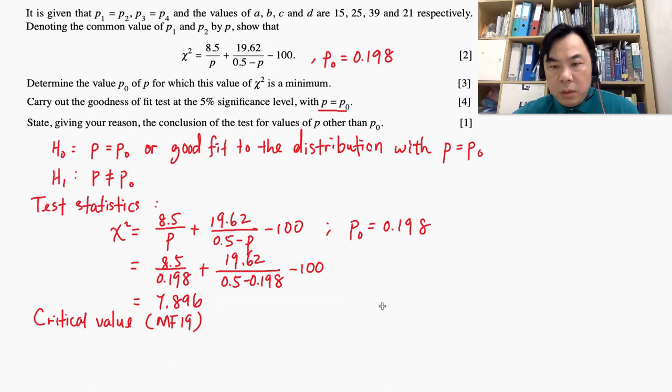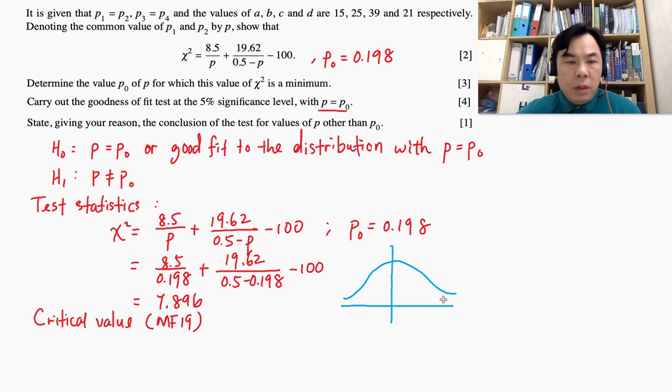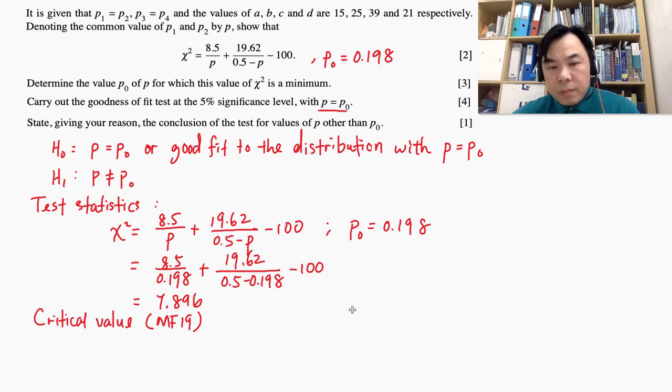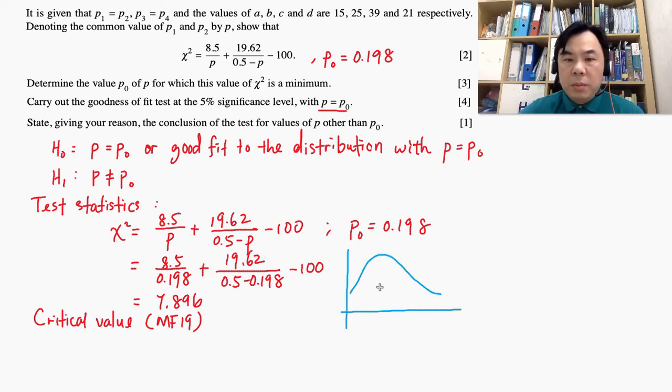So here I'm going to simply draw the distribution. I think this is a chi-square; I keep on drawing the normal distribution. Chi-square shape usually looks something like this.